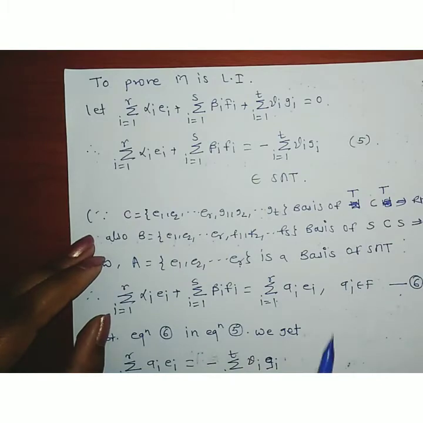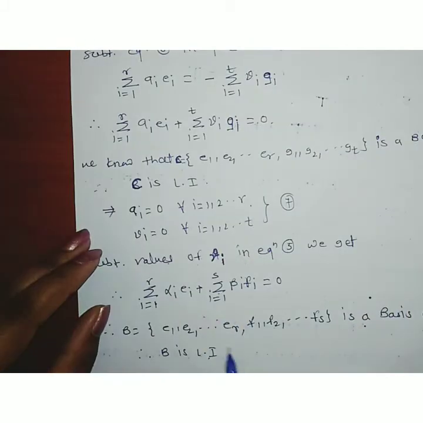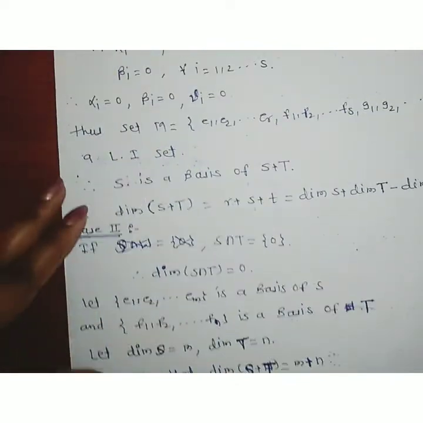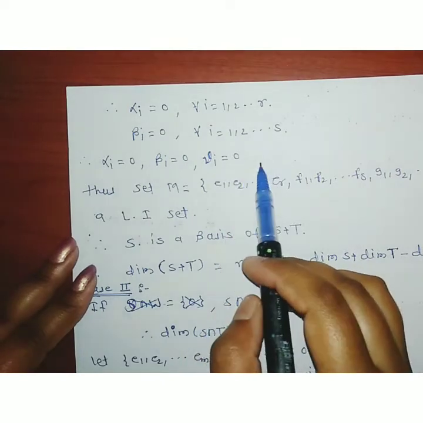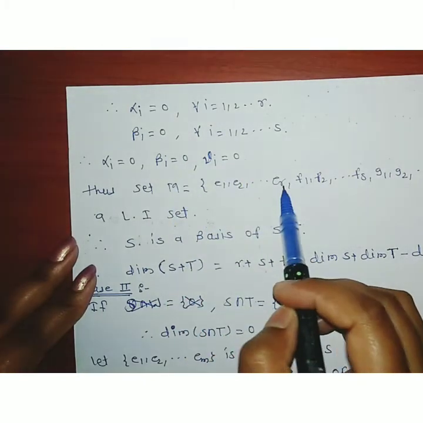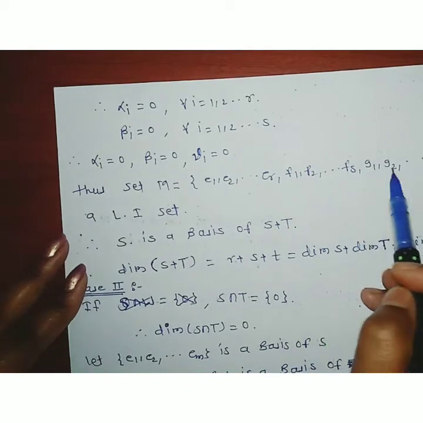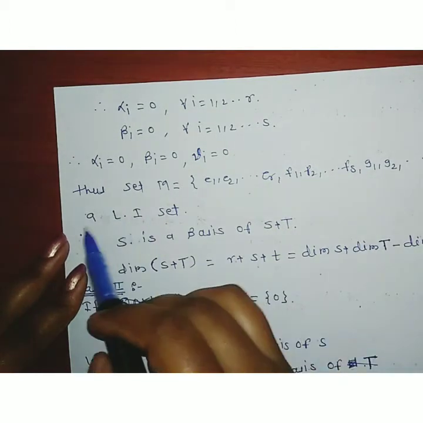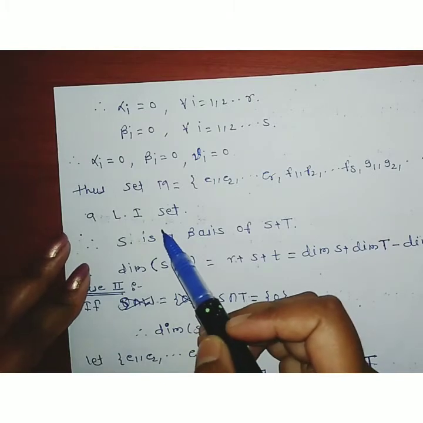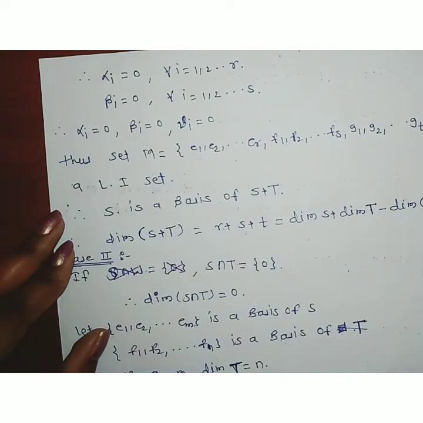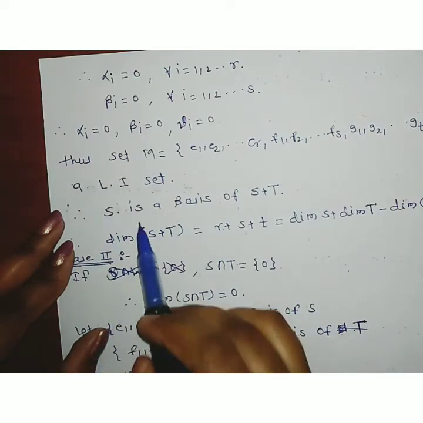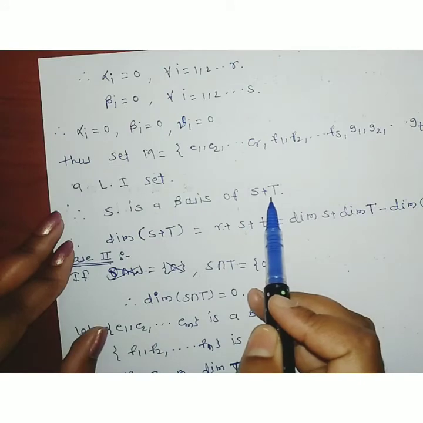Therefore all these scalars are 0. Therefore the set E1, E2, ..., Er, F1, F2, ..., Fs and G1, G2, up to Gt is a linearly independent set. Therefore the second case of linear independence is also proved for the vectors of the set M.